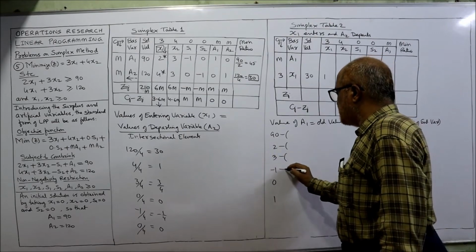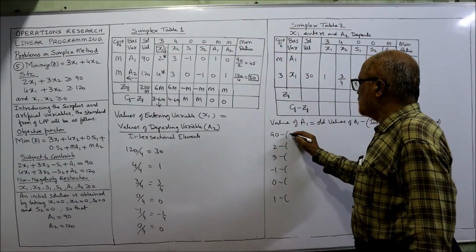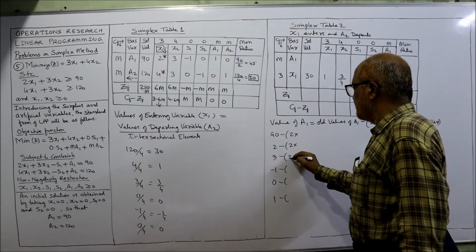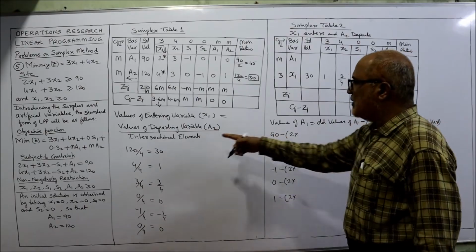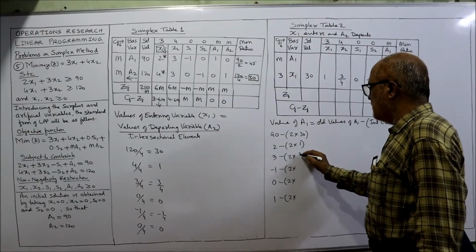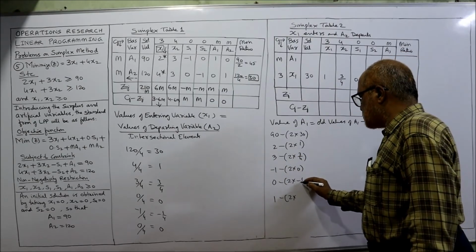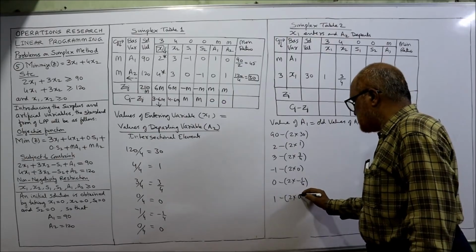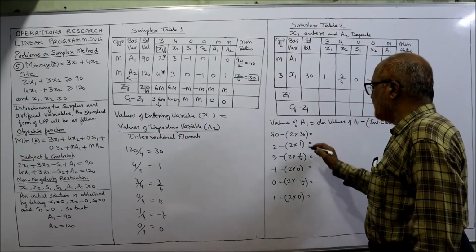Minus, which is the intersectional element of A1? It is 2. 2 into the values of the entering variable: 30, 1, 3 by 4, 0, minus 1 by 4 and 0. That's it.